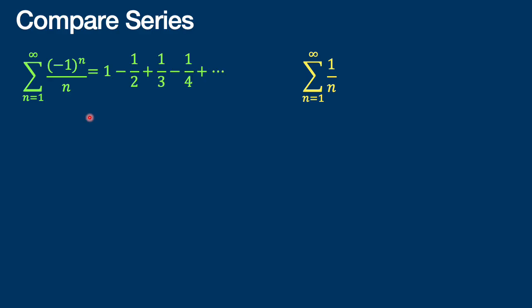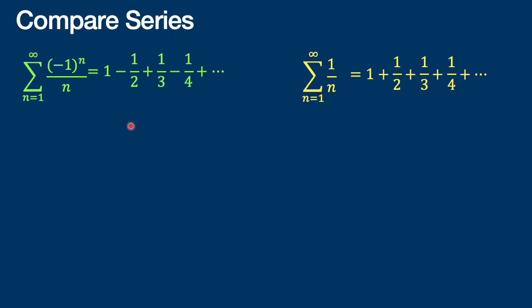That's going to be 1 minus 1/2 plus 1/3 minus 1/4. If you drop the negative signs so every term becomes positive, it's the harmonic series: 1 plus 1/2 plus 1/3 plus 1/4. You know the harmonic series diverges.